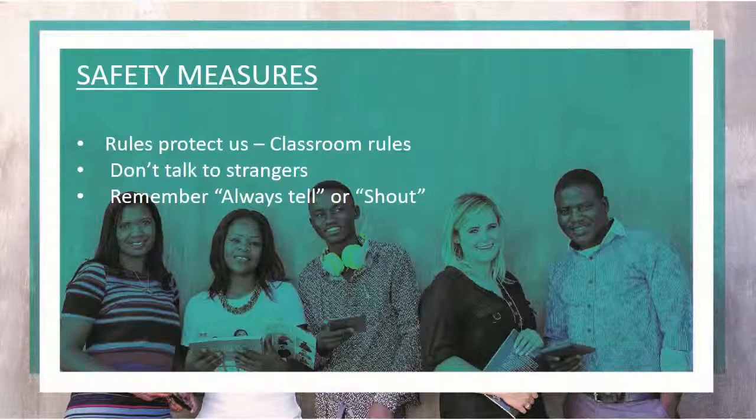Now safety measures in the design and technology class, let me start at the primary level, grade 5 to 7. At the primary level, design and technology is just a subject that you will give in a classroom.